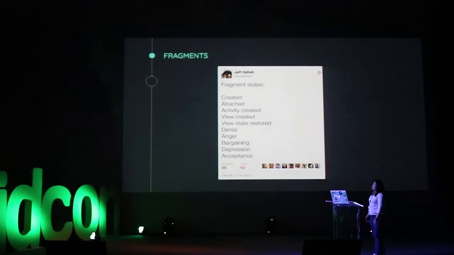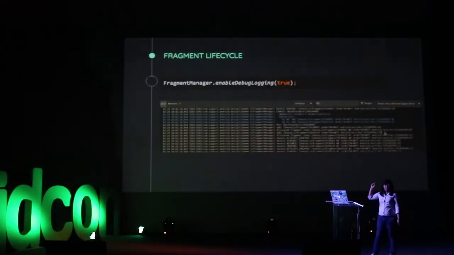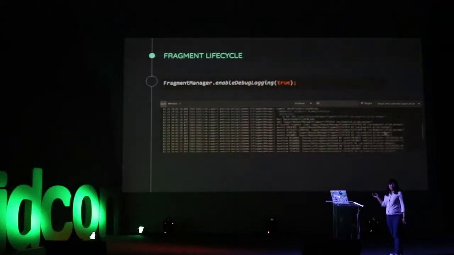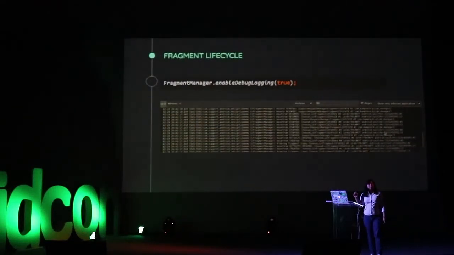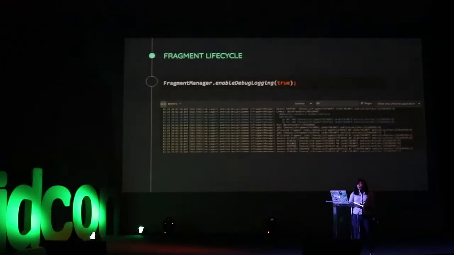So, what do you do if you're at the point where you have to debug fragments and you're about to go into those dark depths of despair? You can enable debug logging in Android Studio. What this does is it shows you a lot of information about the fragments: lifecycle state transitions, bundle values, instance IDs.